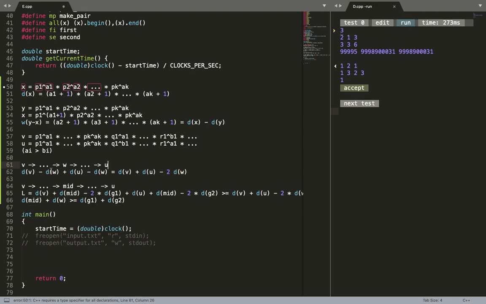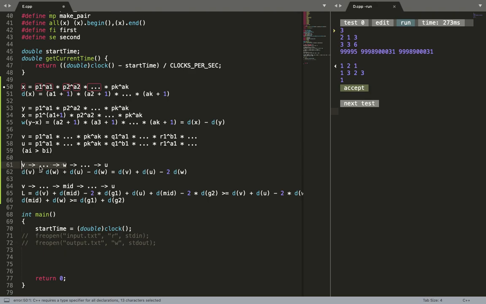So we have to calculate the number of decreasing paths from v to w and the number of increasing paths from w to u, and then multiply them. Any decreasing path is okay, because how can we calculate the length of this path?